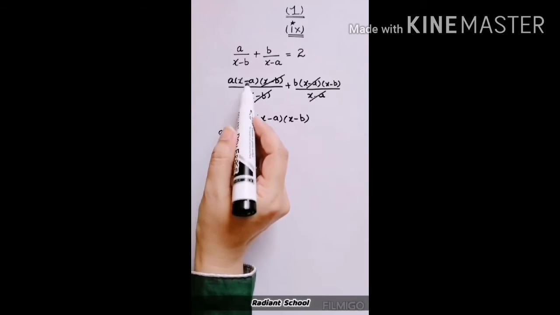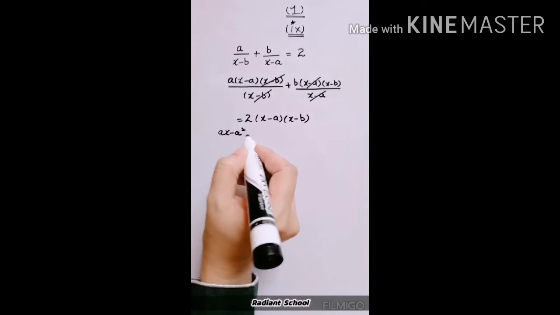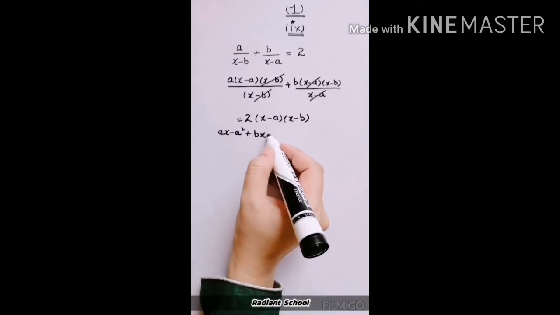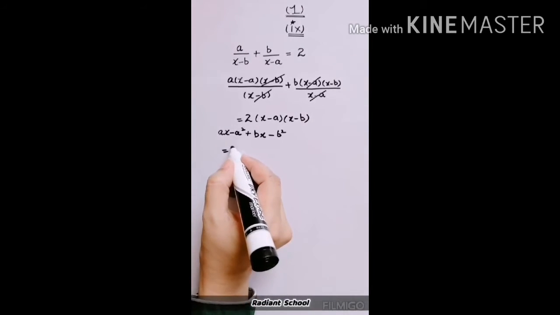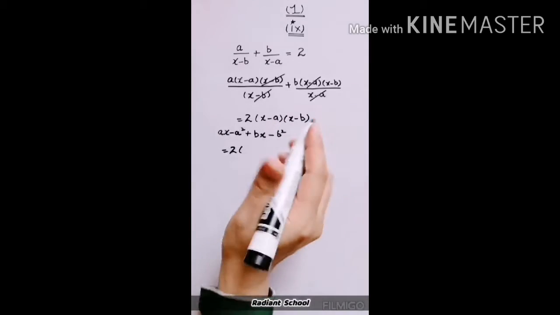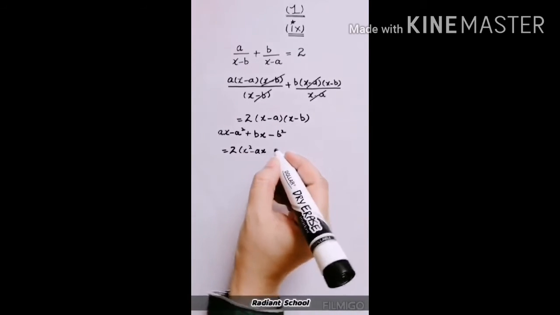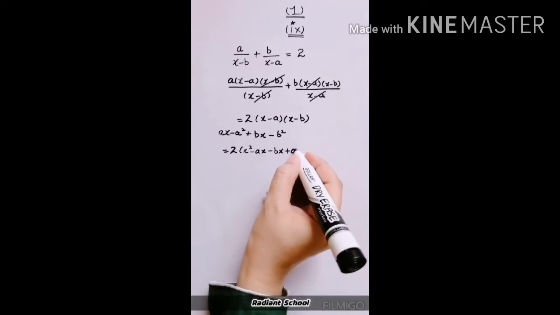I will multiply a inside the bracket. It will be ax minus a square plus bx minus b square is equal to 2, and multiply these two brackets, x square minus ax minus bx plus ab.